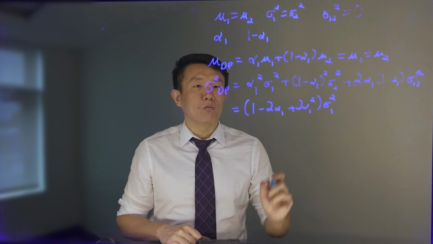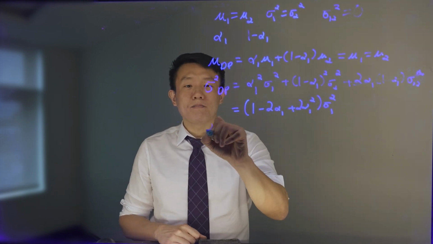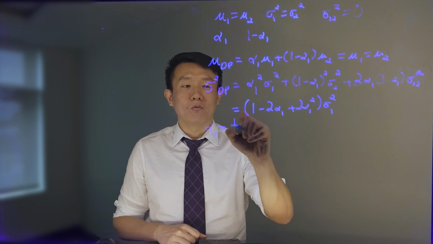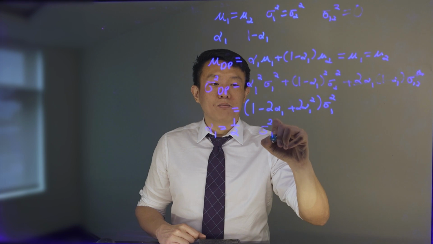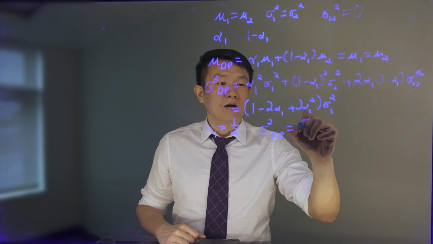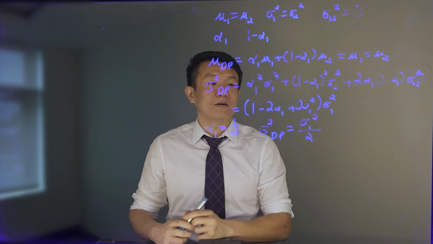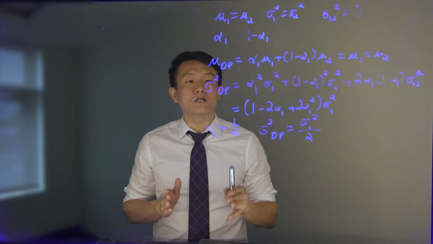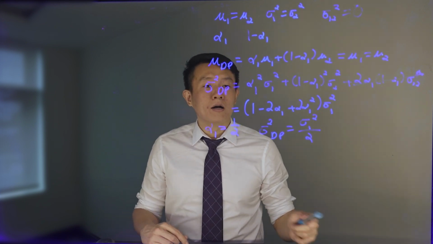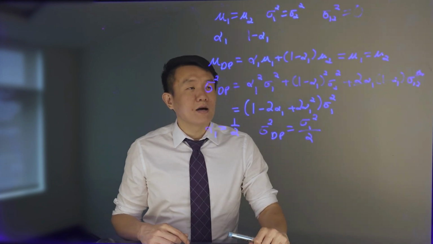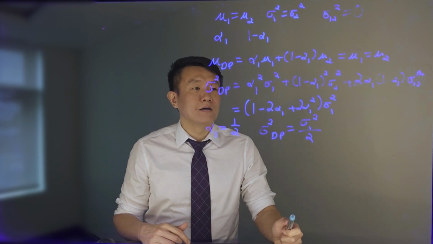And if we want to minimize the portfolio variance, that's going to be minimized at alpha 1 equals 1/2, which is going to give us a portfolio variance of only half of what the individual stock variances are. So if we split our wealth 50-50 between stock 1 and stock 2, the diversified portfolio is only going to have half the variance of each stock individually.